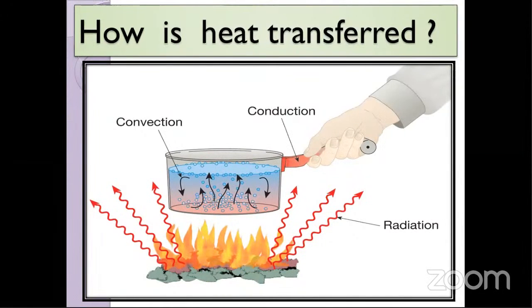Radiation: the element transfers the heat to the kitchen via radiation, in gases. All these are the three methods by which heat can be transferred. It means that students, in solids conduction happens, in liquids convection happens, and in gases radiation happens. So this is all about how heat is transferred.